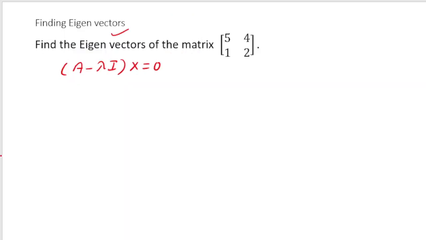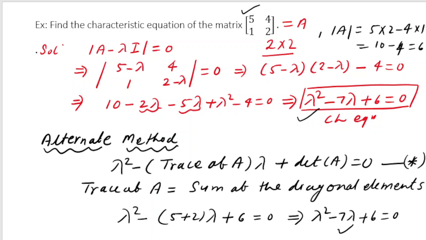So if I have to get the eigenvector, I am going to write the detail, and just listen carefully. To get the eigenvector, first of all you have to write the characteristic equation of this matrix. Since we already have done that, I am not going to repeat the whole thing. The characteristic equation of this matrix is lambda square minus 7 lambda plus 6 is equal to 0, which we already have got here in this part, right?